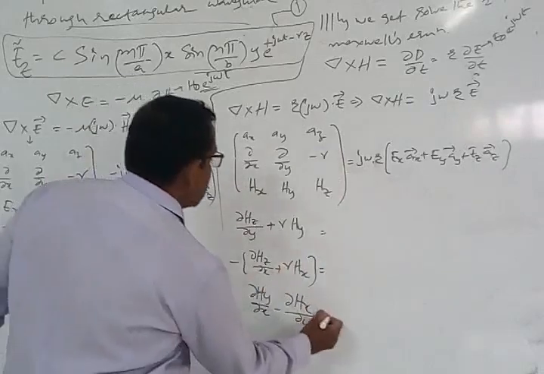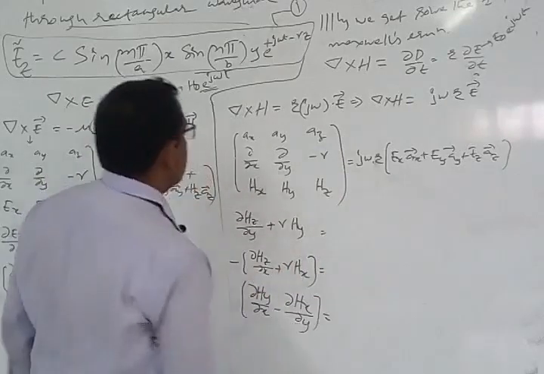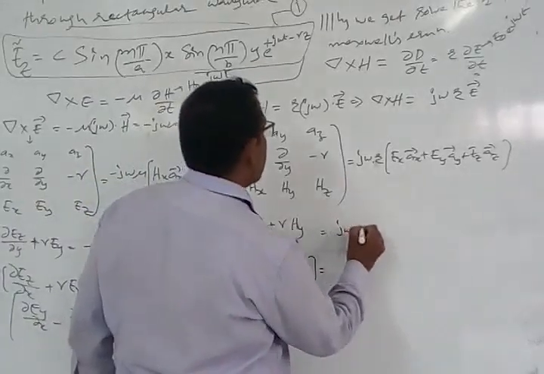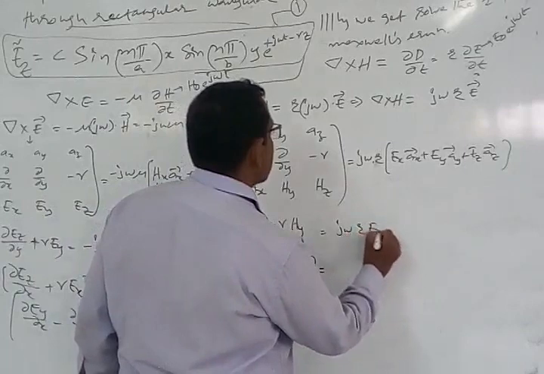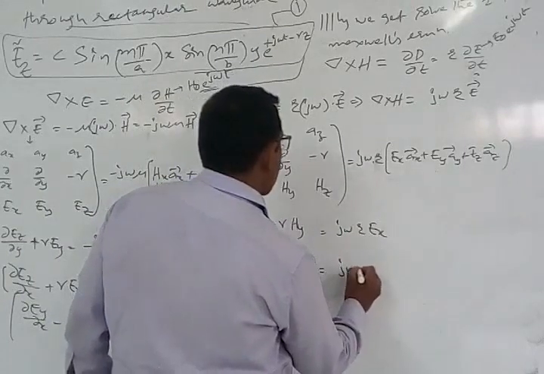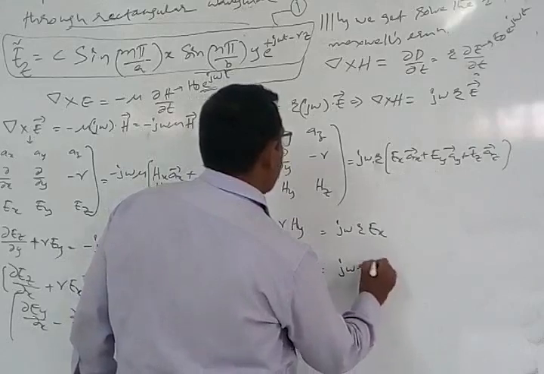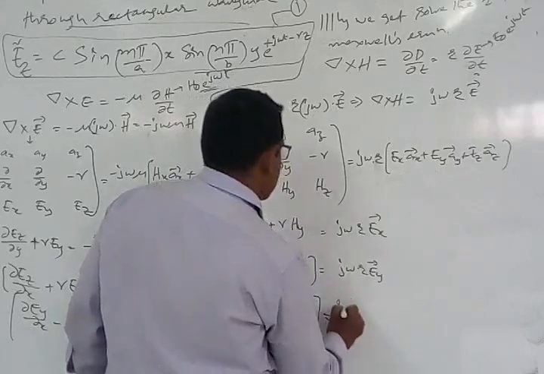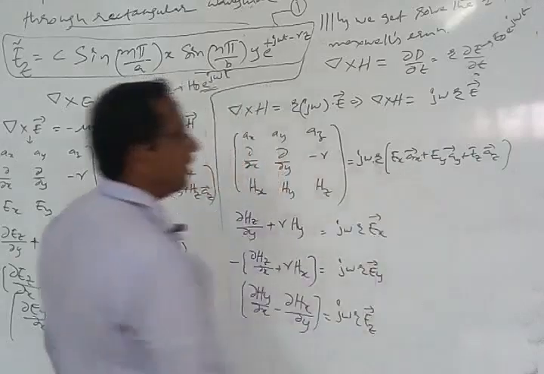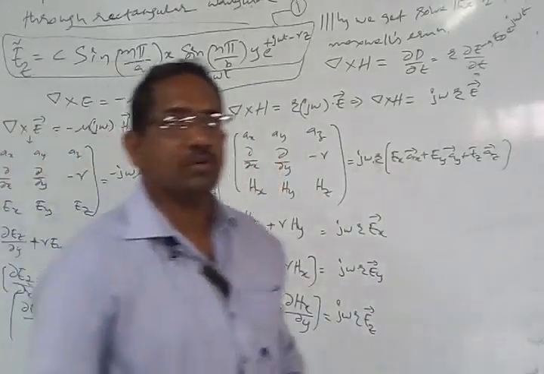Okay. Now is equal to, what will I be having now? This is for the Ax component. So I can write j omega epsilon Ex. And what about this here? j omega epsilon Ey I will be getting, right? So this is j omega epsilon Ez I will be getting. So appropriately I will be getting all the components along the unit vectors.